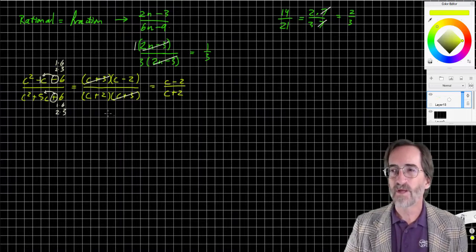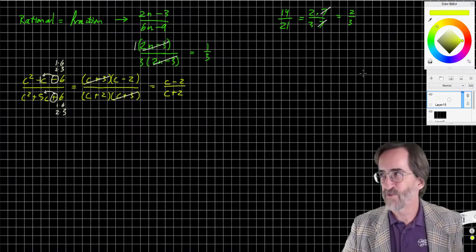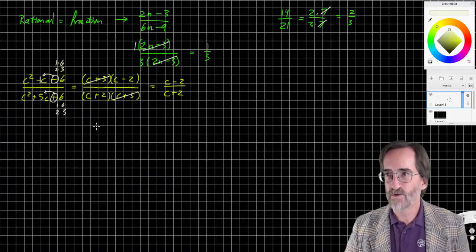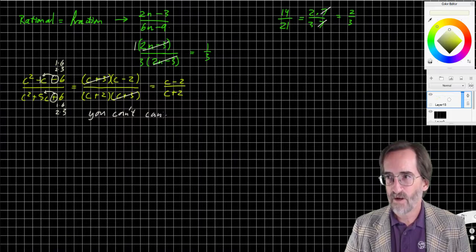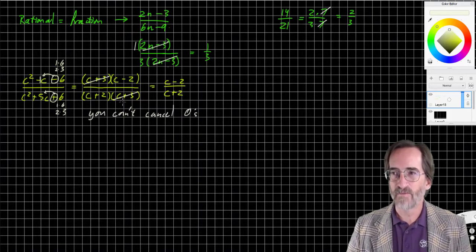Now one thing that the lesson doesn't really spend much time bringing out, and I do want to mention this, is that you can't cancel zeros. Here's what I'm getting at.